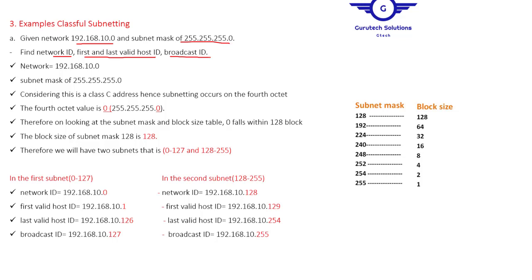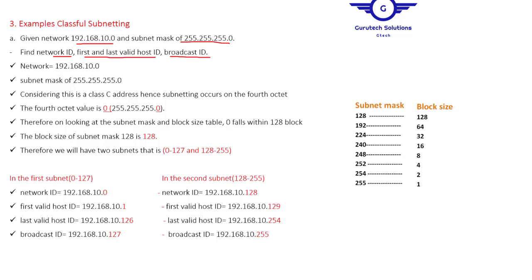A broadcast ID is the last IP address in that subnet. So before you move to the next subnet, that last step is called the broadcast ID.